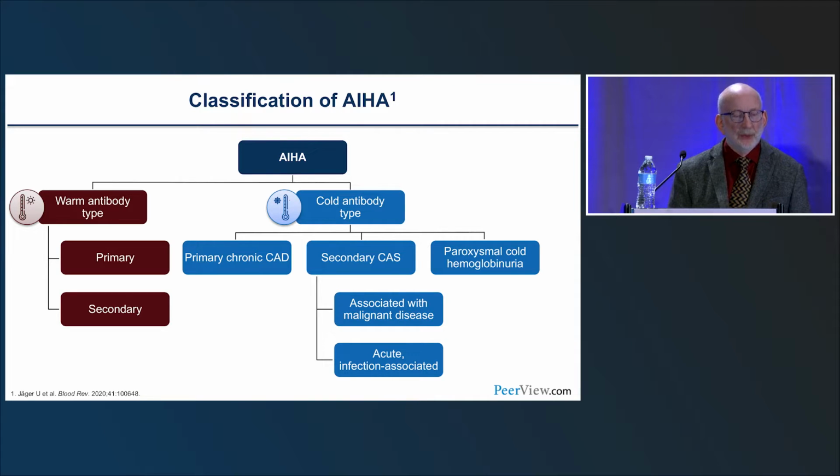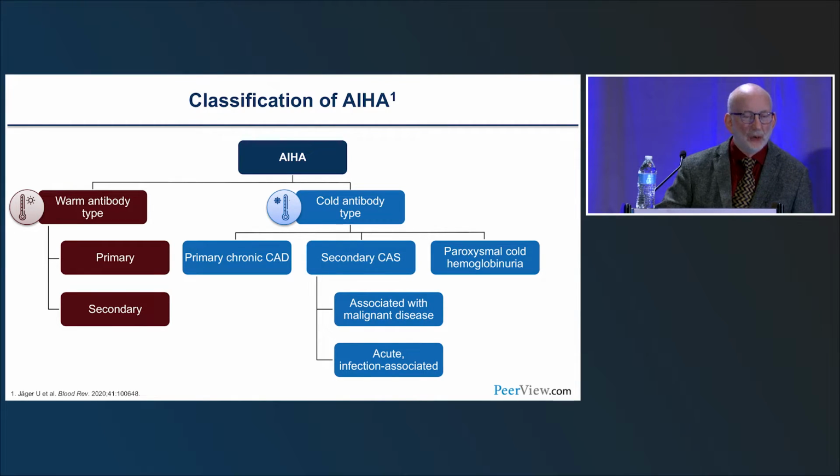In that group, we have primary cold agglutinin disease, or just cold agglutinin disease, and we have the secondary cold agglutinin syndromes, secondary to, for example, infections like mycoplasma or Epstein-Barr virus infections, and we have secondary cold agglutinin syndromes associated with malignant disease, not least with overt B-cell lymphomas.